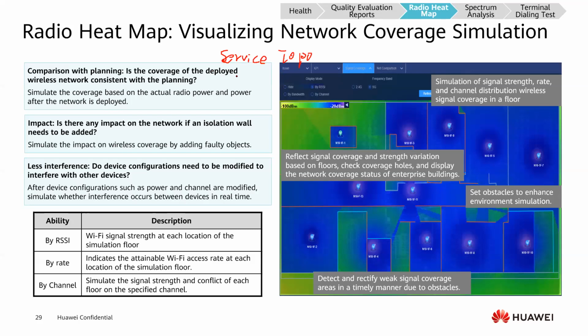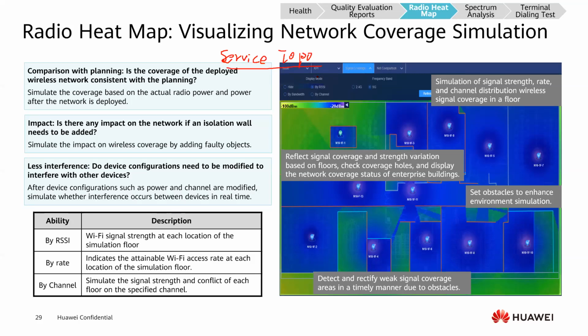CampusInsight can provide the service topology, and for the service topology, it collects statistics on the status, access, congestion, and error packet issues, and displays the number of clients and traffic volume based on sites, regions, buildings, or floors, just like the picture I just showed you, but it's based on the buildings.